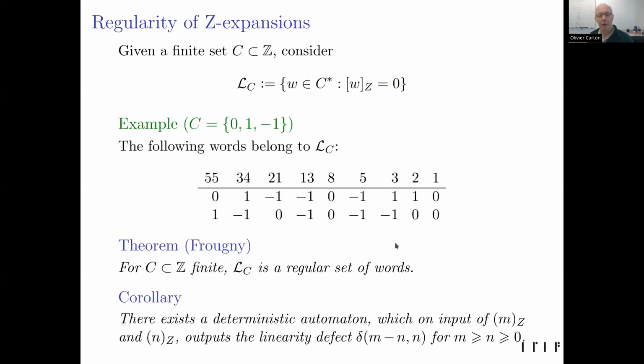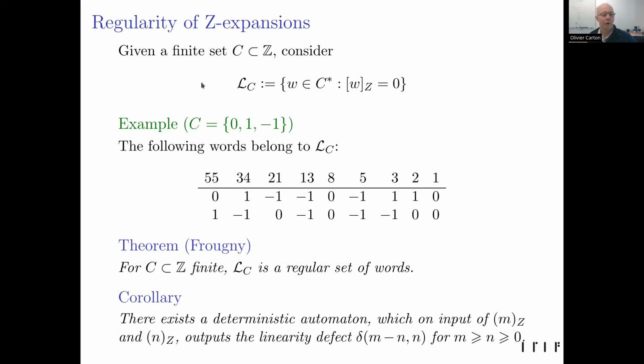And actually, we have more on this linearity defect. First, it is small, so always between -1 and 1. And furthermore, as we will see, it can be computed by a deterministic automaton.